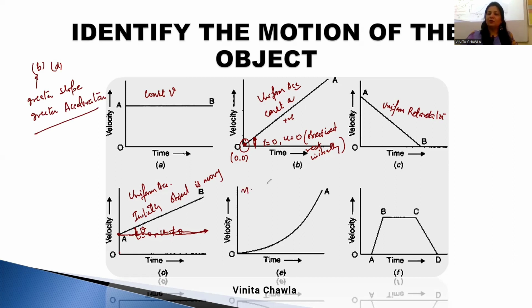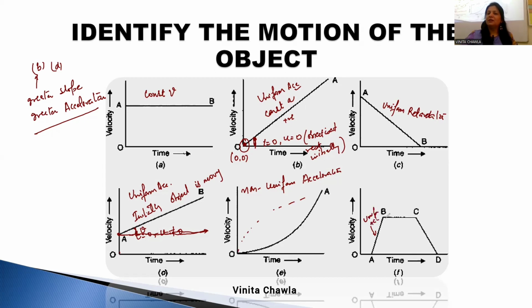And this graph E, what does this indicate? This indicates non-uniform motion, non-uniform acceleration. And how do we draw the graph for non-uniform retardation? For non-uniform retardation, it's like this. What does this graph, AB, indicate? Uniform acceleration.